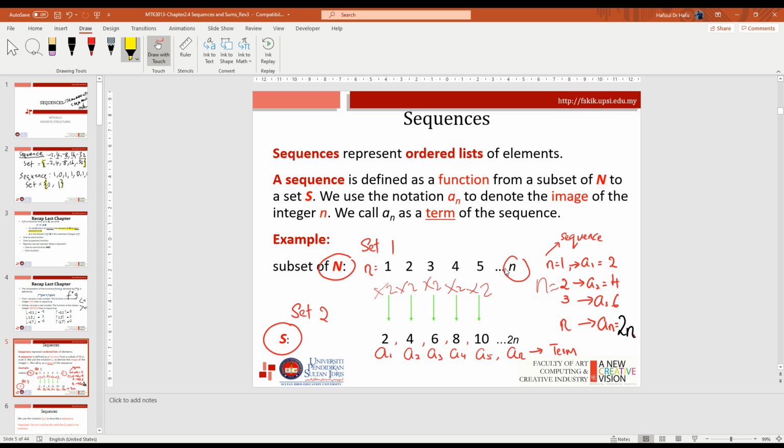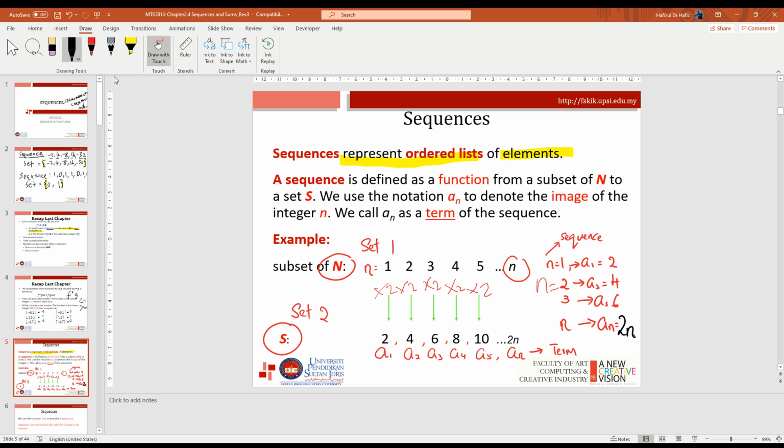This one is a sequence. A sequence represents an ordered list of elements. A sequence is defined by a function from a subset of the integers to a set S. We can use the notation an to denote the image of the integer n, and we call an the term of the sequence.